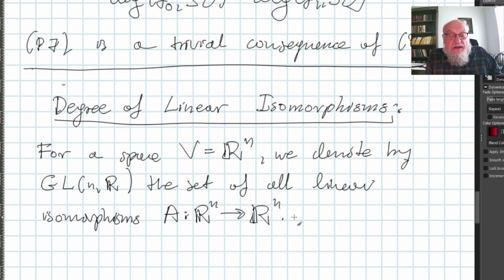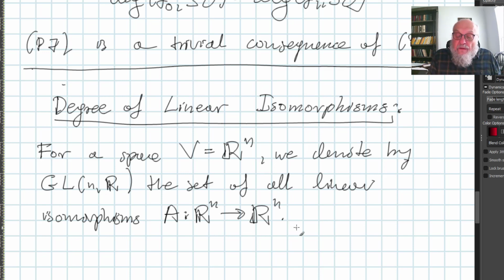Satisfies the properties basically that since we assume that Rn is a Euclidean space, we have chosen the standard basis in this space, and now every linear map can, with respect to this chosen basis, be represented as an n by n matrix.